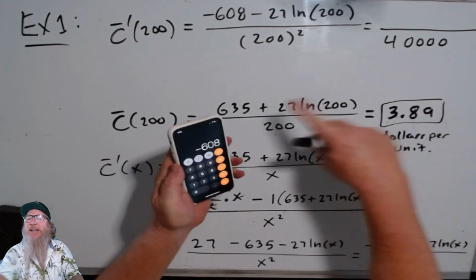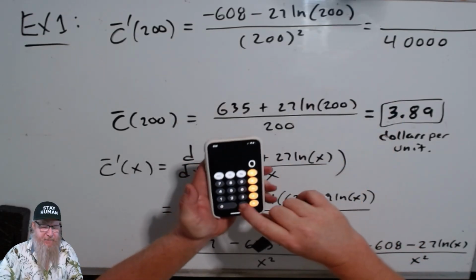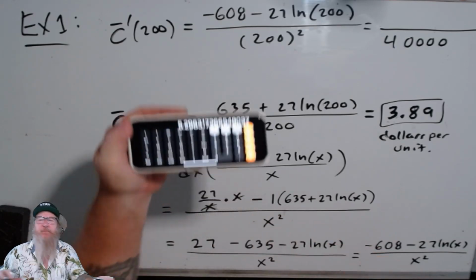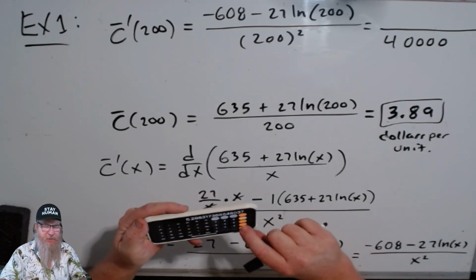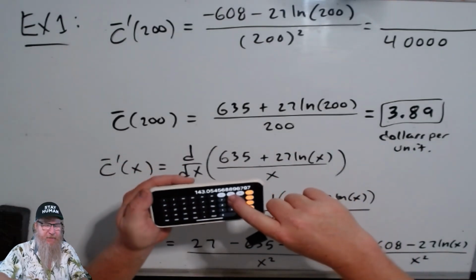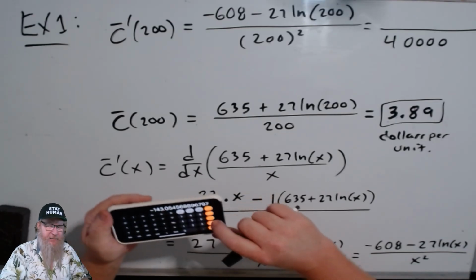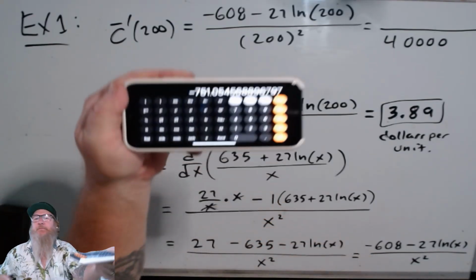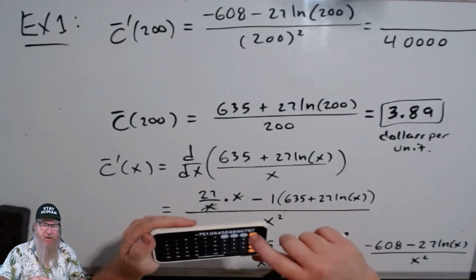I'm just saving myself one step later on in the process. All right, so start with the ln. So you got 200, ln of 200. We already knew that from earlier. Times 27. Technically, that's negative 27, so I'm going to put the negative in now. And then I'm going to subtract 608. So that's the entire numerator. And then I'm going to divide that by 40,000.